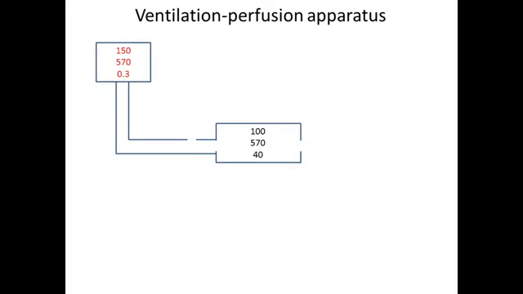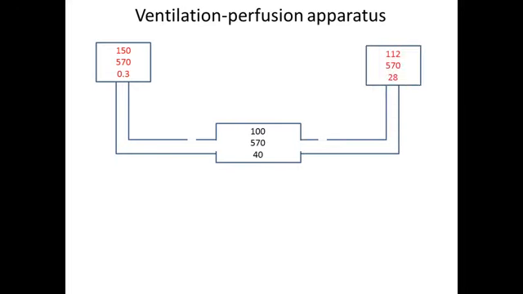The nitrogen will stay almost the same, and now we have higher CO2, which is around 40 millimeter mercury. Then you exhale with a little bit higher oxygen than the alveoli, 112, because it's mixed back in the dead space, and nitrogen is the same, 570 millimeter mercury, and now you have 28 millimeter mercury of CO2 exhaled out.